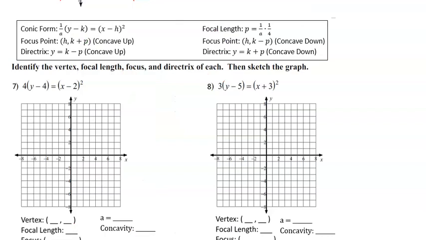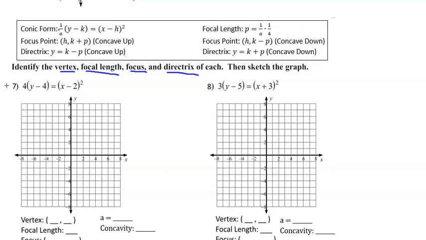Alright, here's your extension for this section right here. So I would say if this was a level 4 topic, you'll go into a lot more detail with this in pre-cal. So we want to identify the vertex, focal length, focus, and directrix of each.